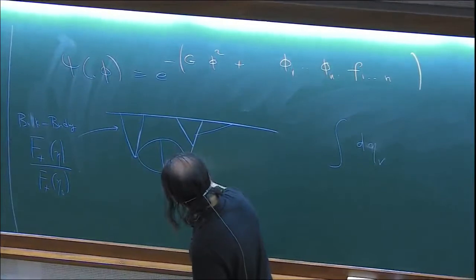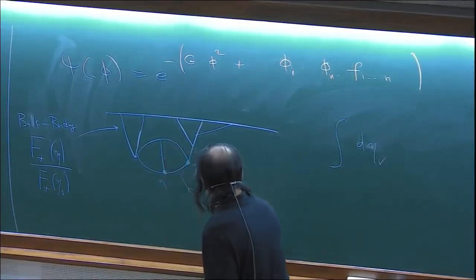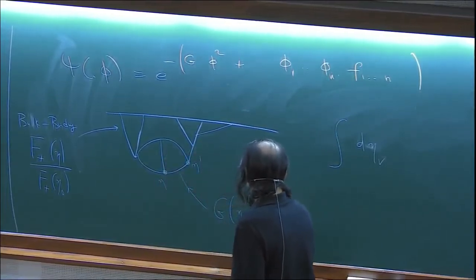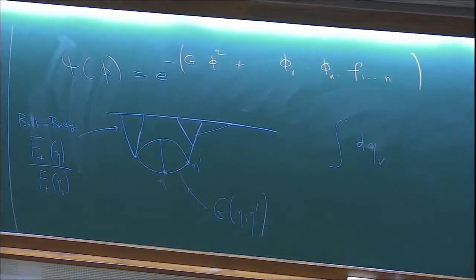And the boundary to boundary propagator between some eta and an eta prime is just g of eta and eta prime, whose general expression for the totally general time-dependent problem we gave yesterday. Okay? Any questions about this?